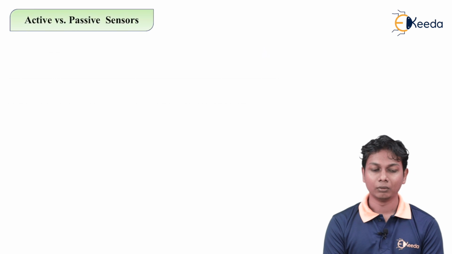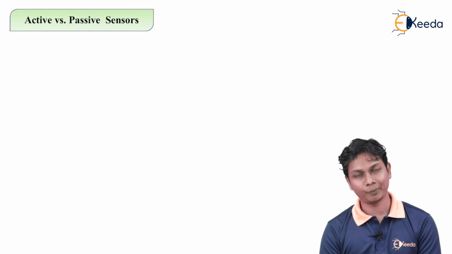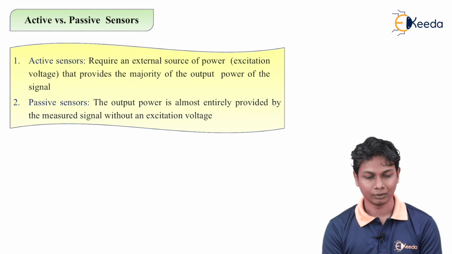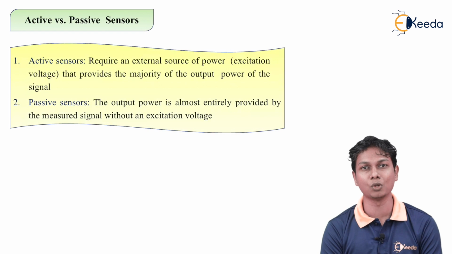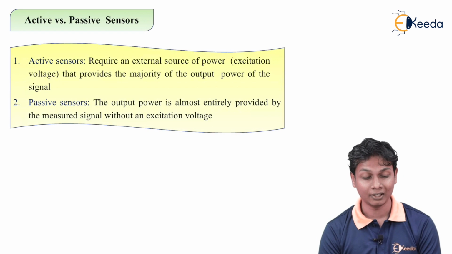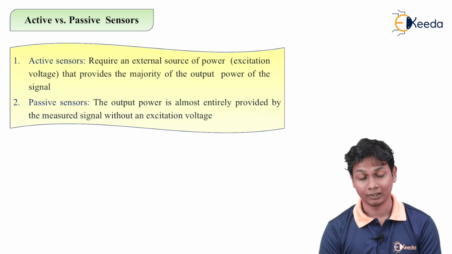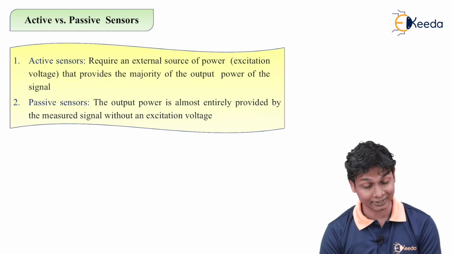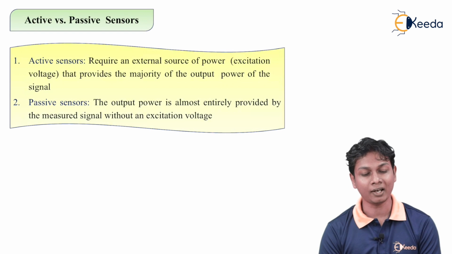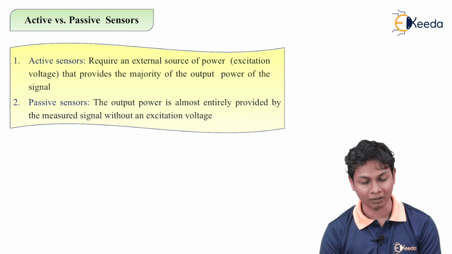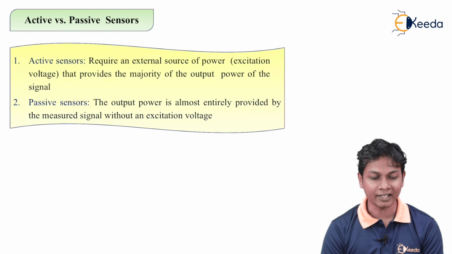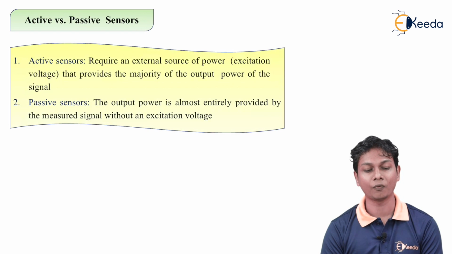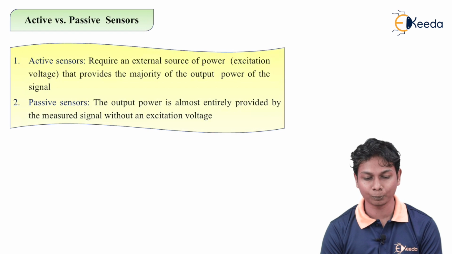Now we will see the active sensor with respect to the passive sensor. Before that, we have to know what an active sensor is and what a passive sensor is. Let's start with the active sensor. A sensor that requires an external source of power, that is excitation voltage, which provides the majority of the output power of the signal, is an active sensor.